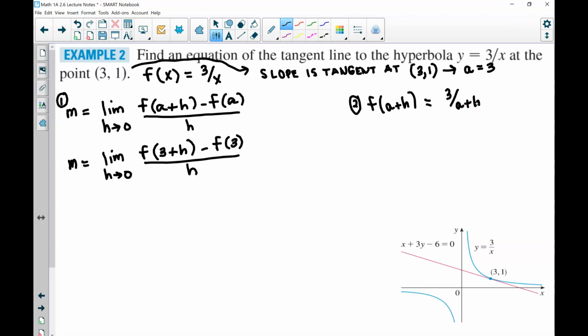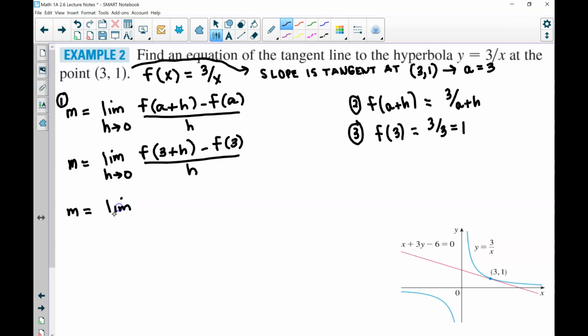And then what does f of 3 equal? Well, if we plug 3 into the function 3 over x, that becomes 3 over 3, which is equal to 1.